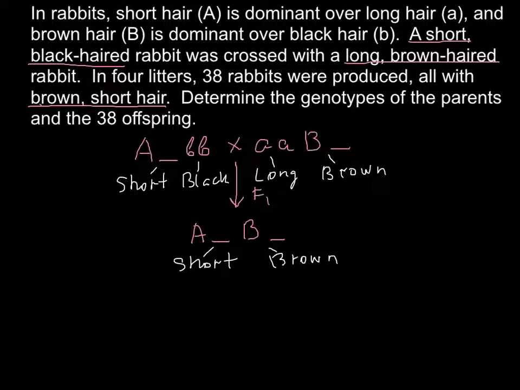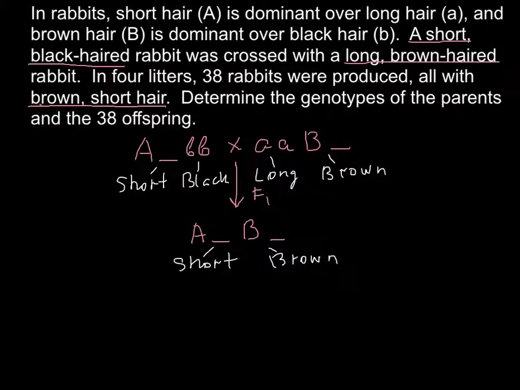So let's now think about how we're going to find the genotypes of the progeny. First we have to find the genotypes of the parents. Here we have one allelic pair, and another one, two traits, and this is the second allelic pair for the second parent.